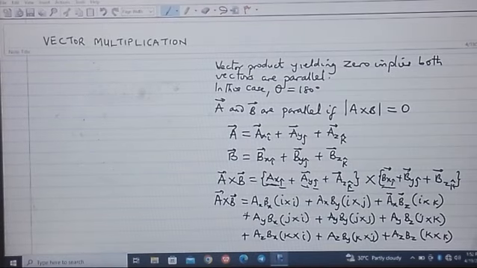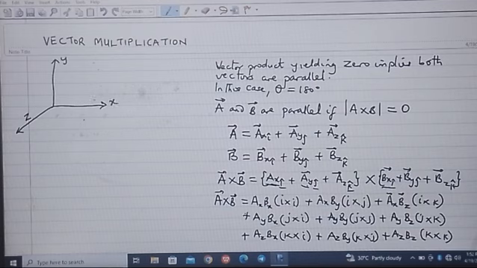For us to proceed, let us draw a 3D Cartesian coordinate system. We call this one the Z axis, we call this the Y axis, and we call this the X axis.